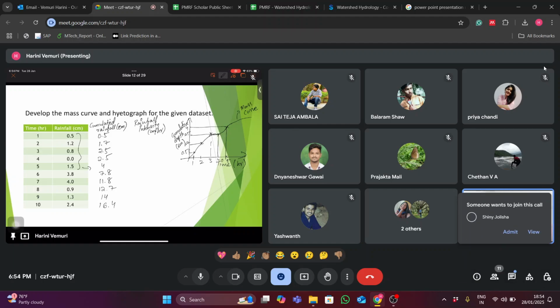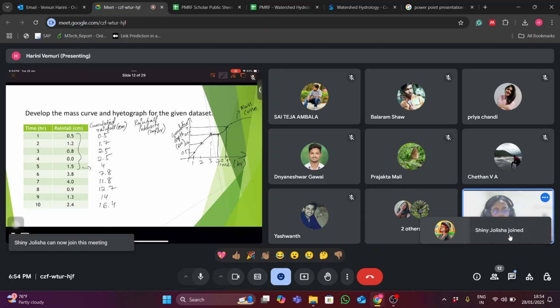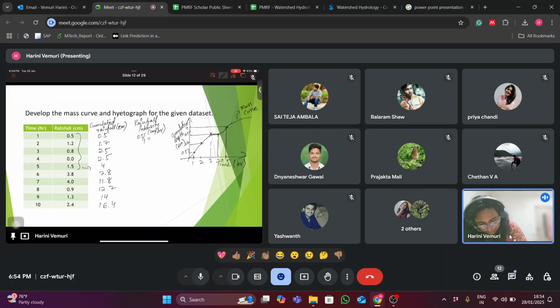The first one is 0.5 divided by 1 hour, so 0.5. Second hour, we have 1.2 centimeters of rainfall in 1 hour, so the intensity will be 1.2 centimeters per hour. Third hour 0.8, fourth hour 0. Similarly, if we keep going on, these are the values that we will be getting.